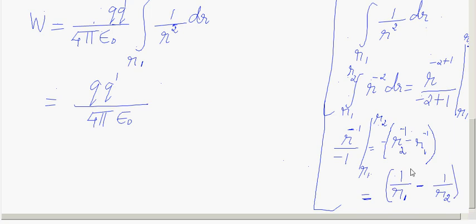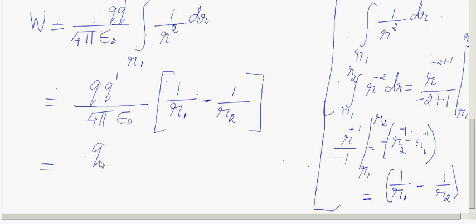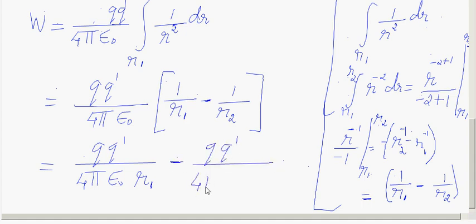So W is equal to Q into Q dash divided by 4 pi epsilon naught into 1 by R1 minus 1 by R2, which is equal to Q into Q dash divided by 4 pi epsilon naught into 1 by R1 minus Q into Q dash divided by 4 pi epsilon naught into 1 by R2.